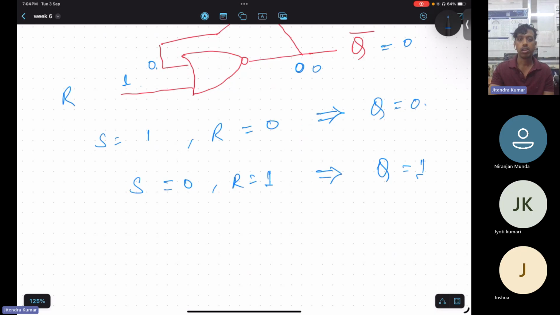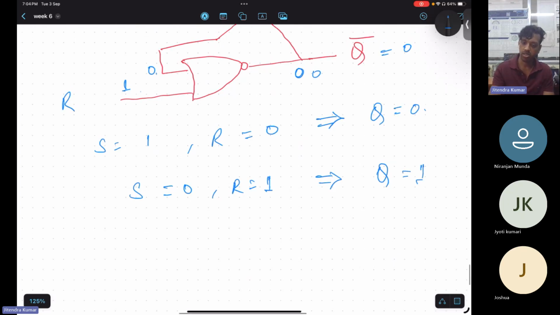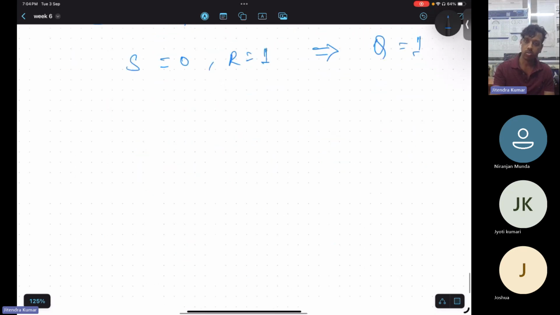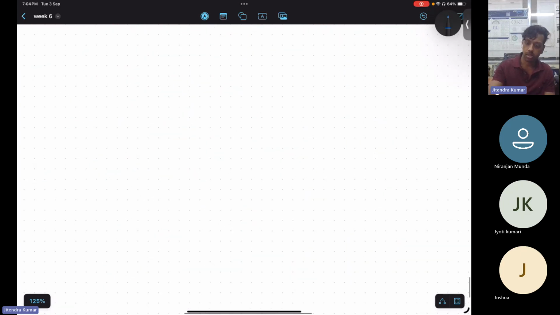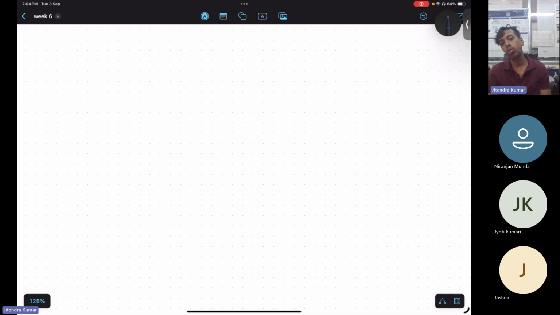Okay. Now with the SR flip-flop, can we make a D flip-flop? Yes, a D flip-flop could be made with SR flip-flop. Let us design one D flip-flop with SR flip-flop. We just need to provide one AND gate with toggle. So let me show you.